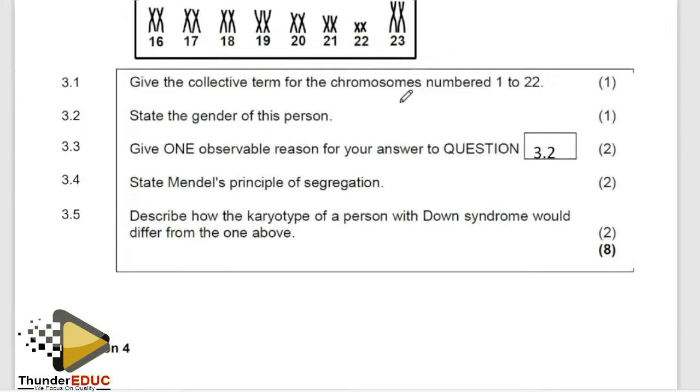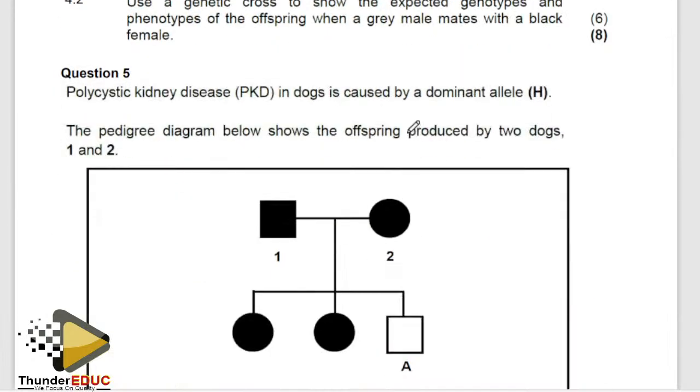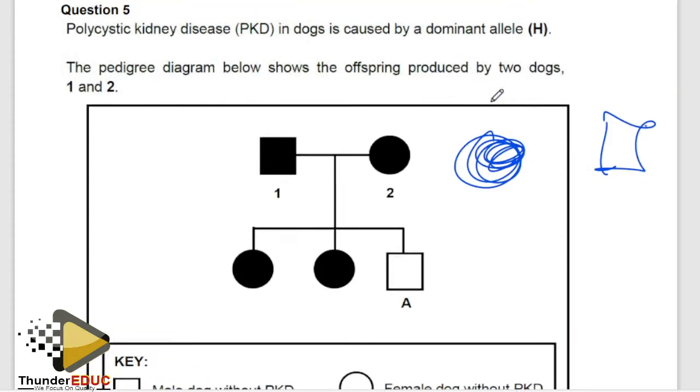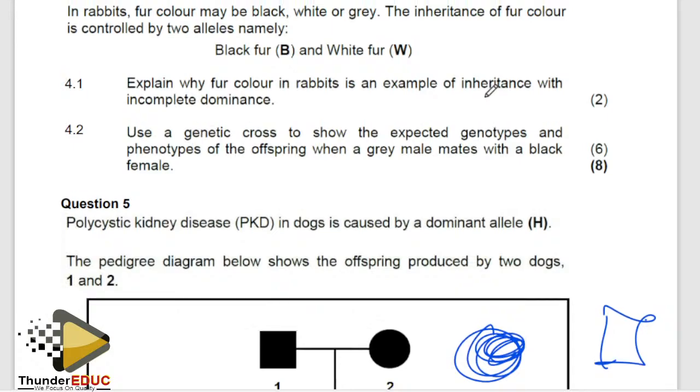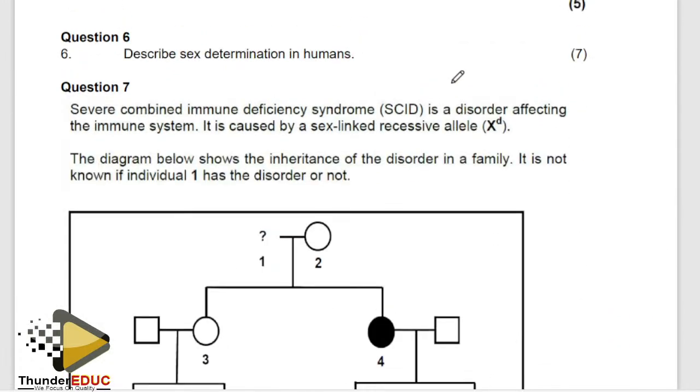In genetics, I'm not going to talk about the terminologies, but know that a circle means a female and a box means a male. That's number 1. Number 2, when they give you a question, identify whether it's sex linked or non-sex linked.